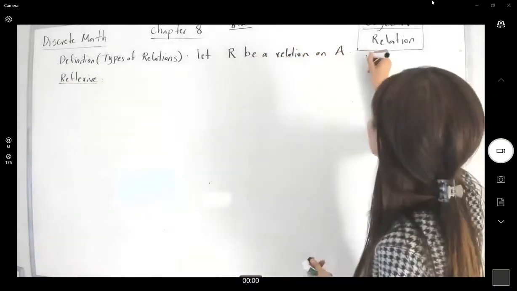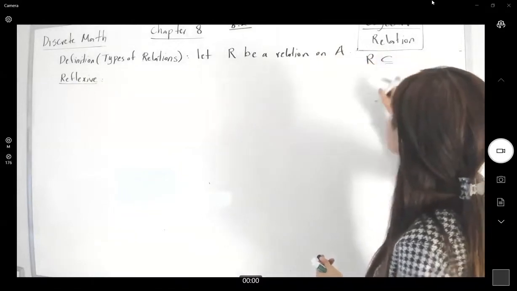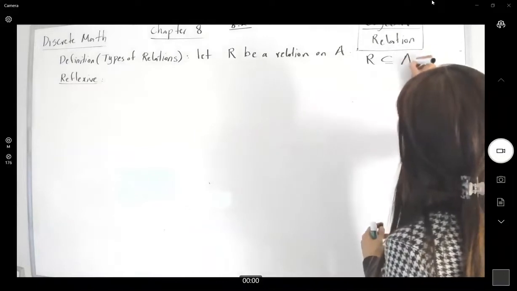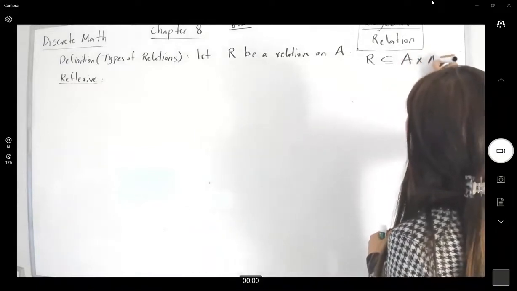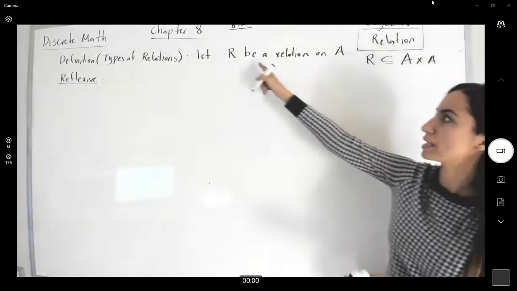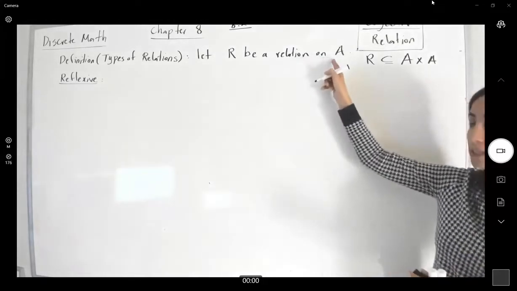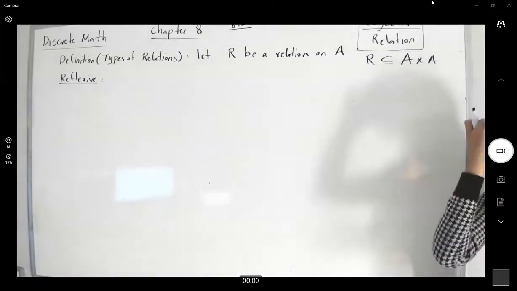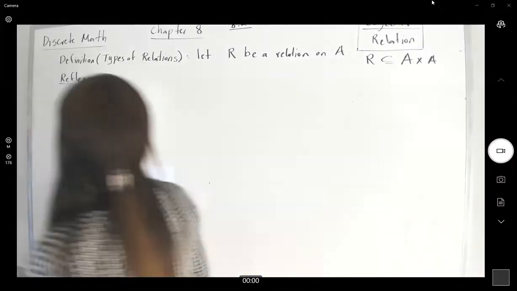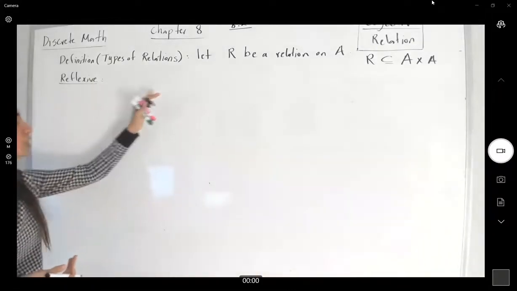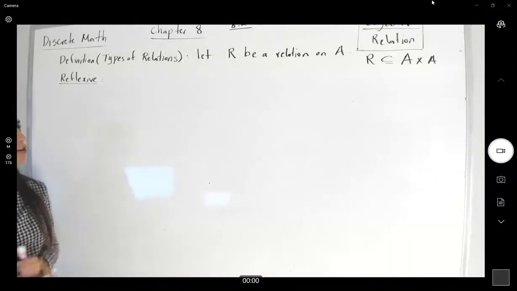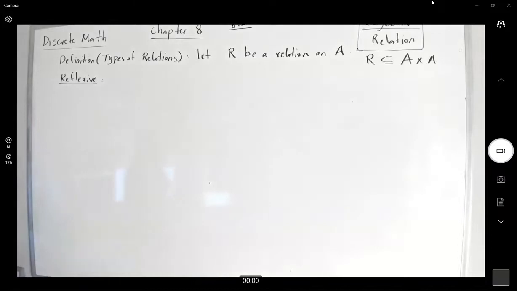It means that R is a subset of the Cartesian product between A and itself. So when we say R is a relation on A, it means that R is a subset of the Cartesian product between A and A. We say that this relation is reflexive if it follows the following property.